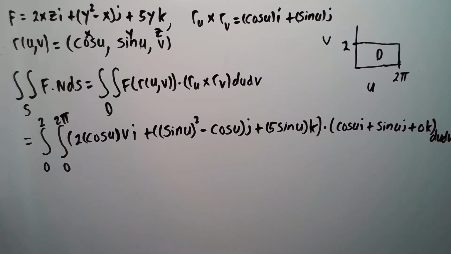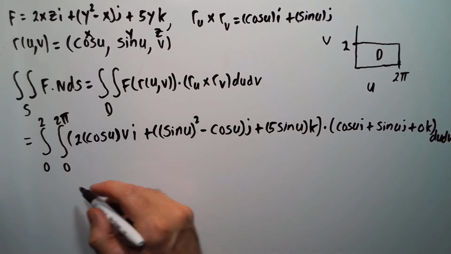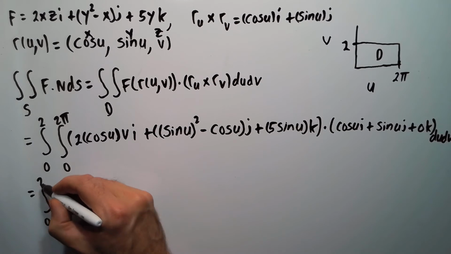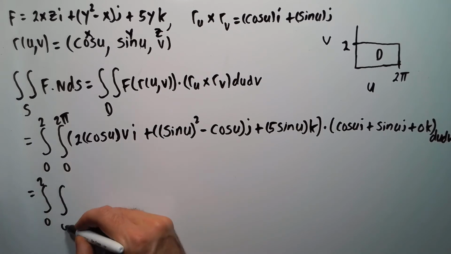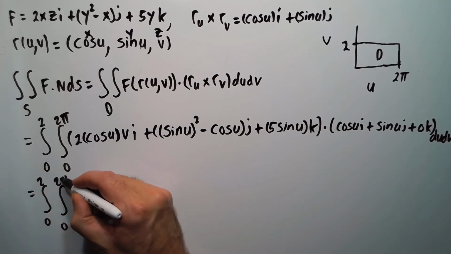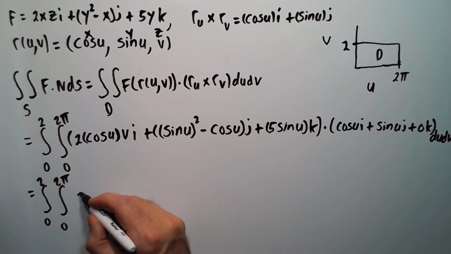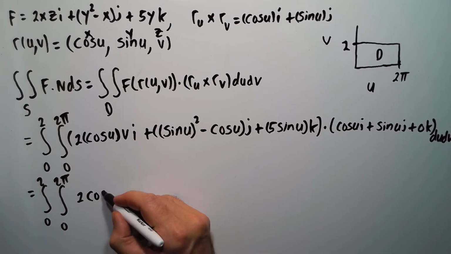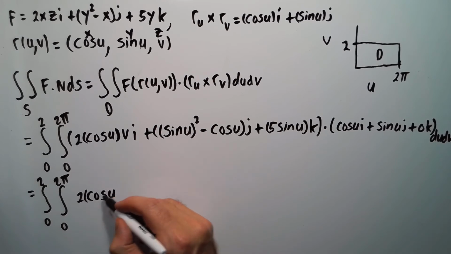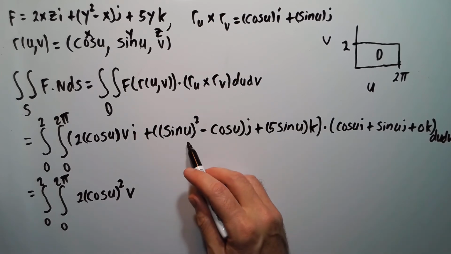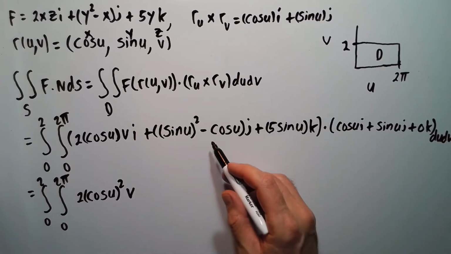So dotting here, the I components is going to be the integral 0 to 2, integral 0 to 2 pi. So dotting, you'll have 2 cosine squared V times V, and then it'll be sine times sine squared times this.